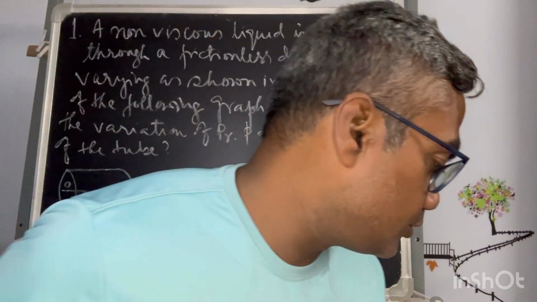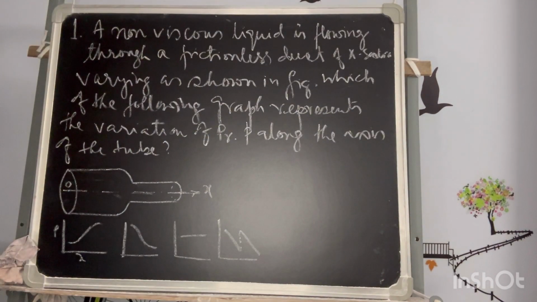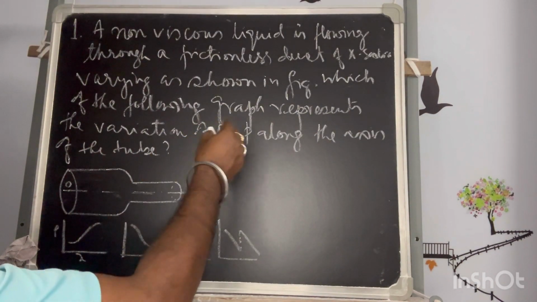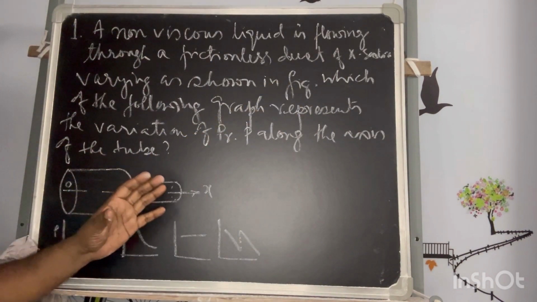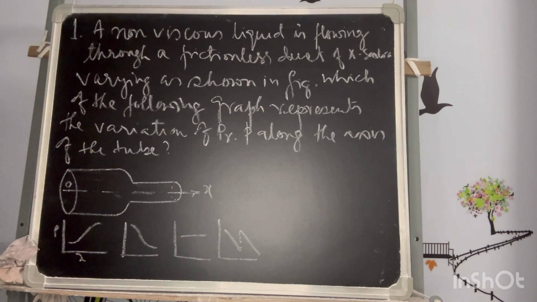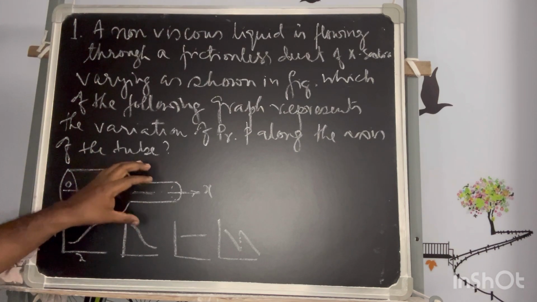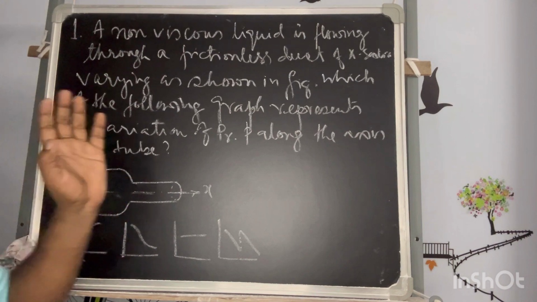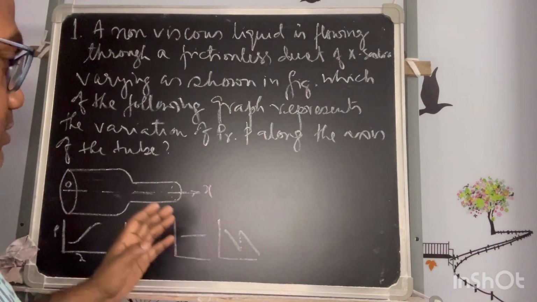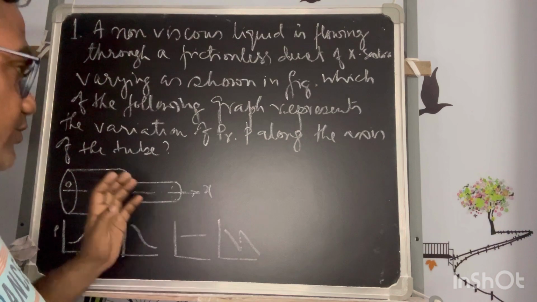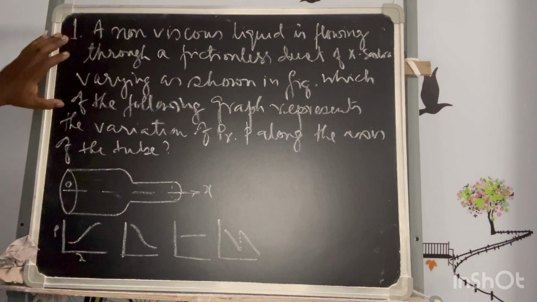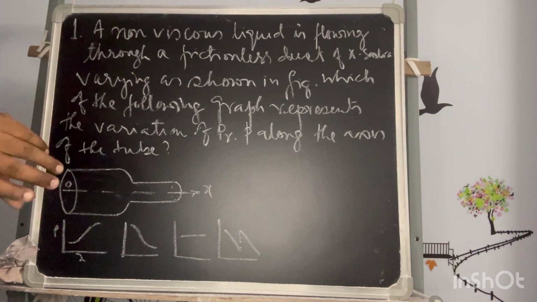Okay, so as you know, frictionless means it's an ideal fluid they are talking about. Friction is not coming along the duct, so no strain is developing, so there is no loss, and this is a complete steady state flow.